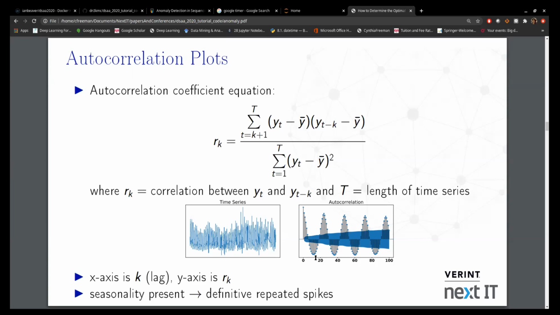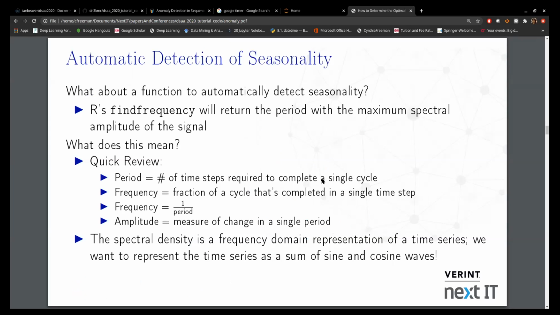In this case, we actually have a periodicity of 24, because this is a time series with hourly time steps, and you can use this autocorrelation plot to see, oh, I have seasonality and what my periodicity is.